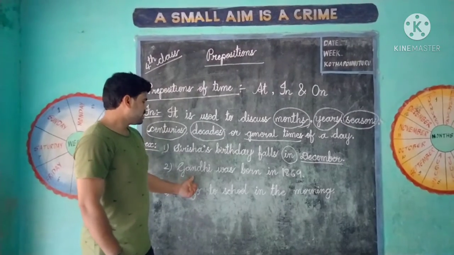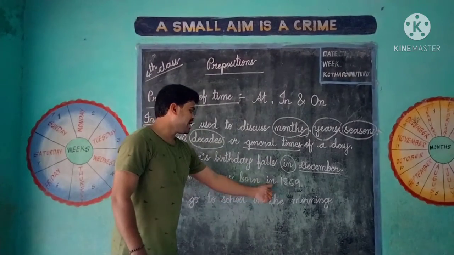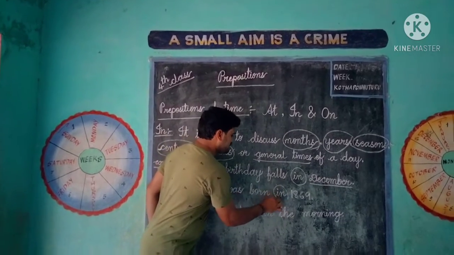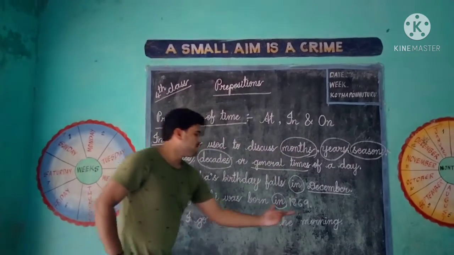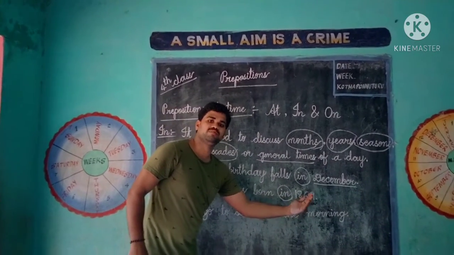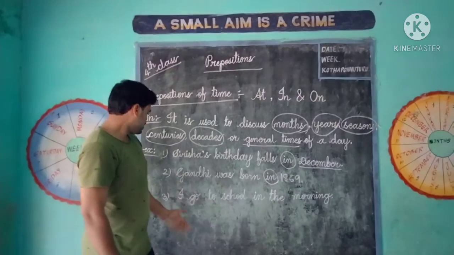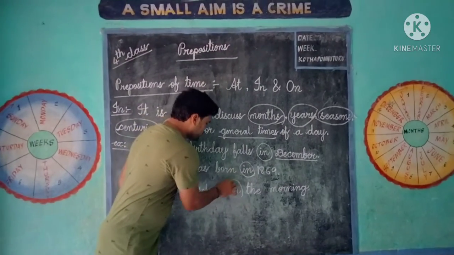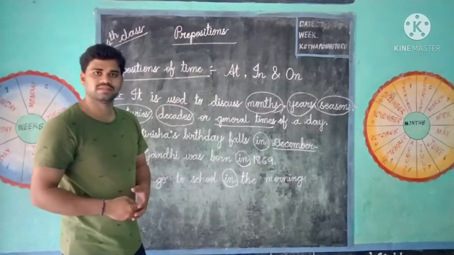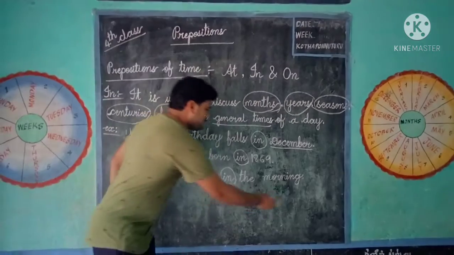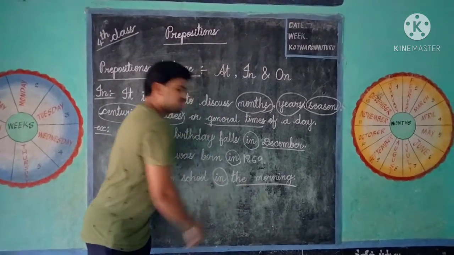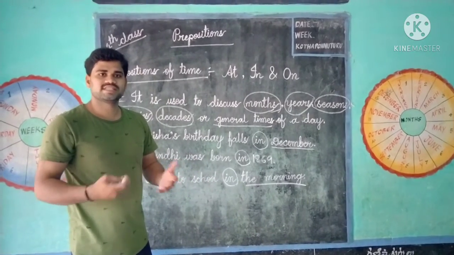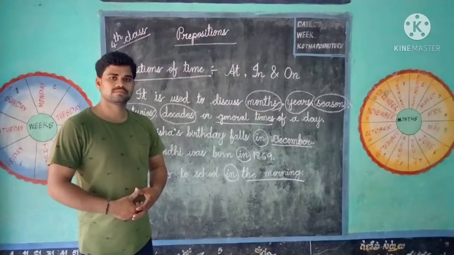Second one. Gandhi was born in 1869. Here the preposition in is placed before 1869. It means before a year. I go to school in the morning. Here the preposition in is placed before the word morning. Actually, the word morning is a general time of a day.